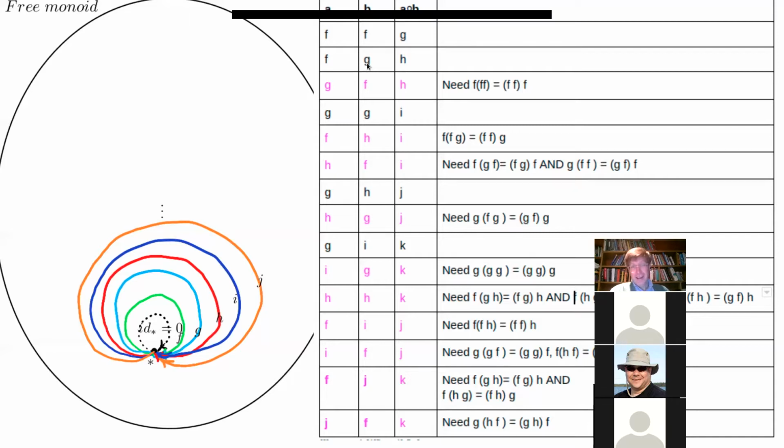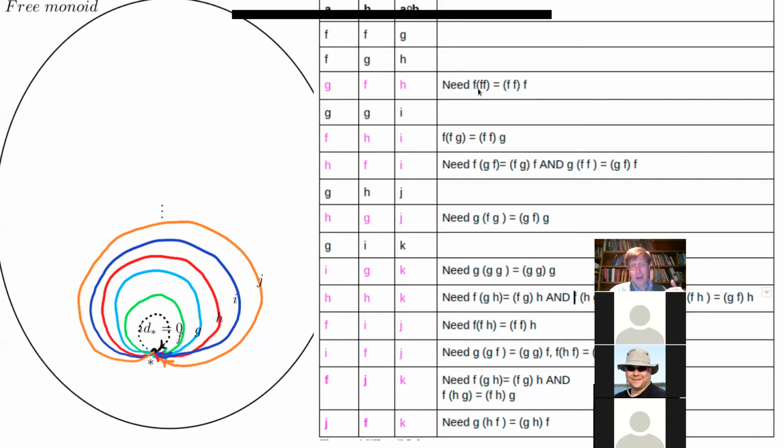It's H. F combined with FF is H. Yes, it is H, exactly. And it's because FF is what? G. FF was G. G was F combined with F. So that's G right there. So FG, by the rules of associativity, if we have to be able to forget where the parens are, we can erase the parens without worry that it's ambiguous.